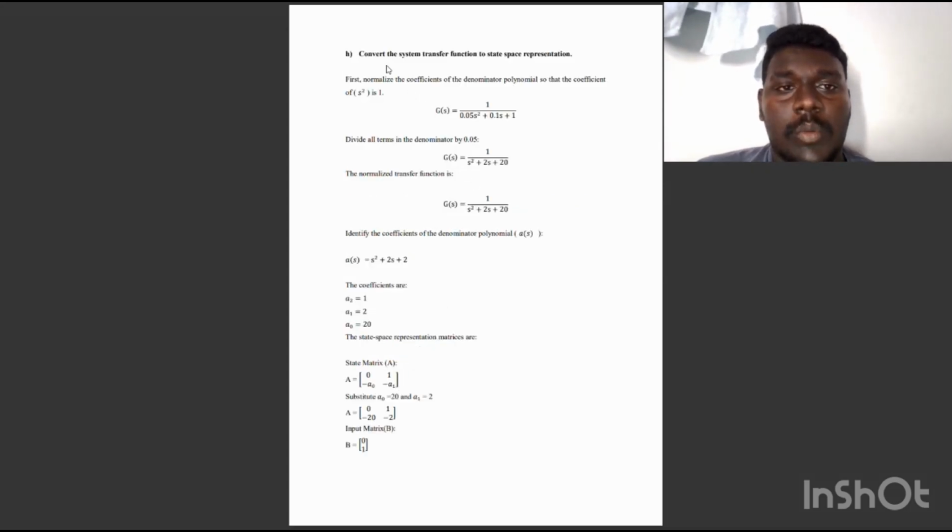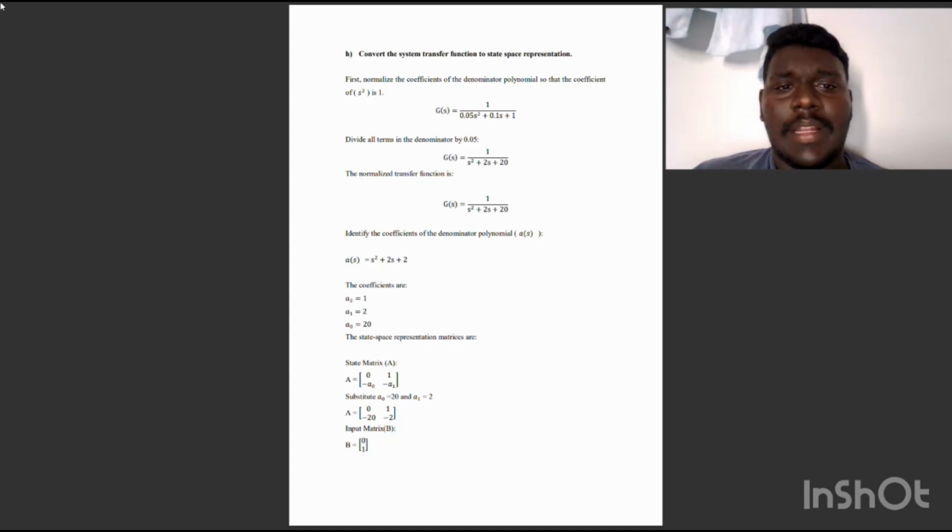Next, we move on to how to convert the system transfer function to the state space representation. First of all, we normalize the coefficients of the denominator polynomial so that the coefficient of s squared is equal to 1. Our transfer function is 1 over 0.05 s squared plus 0.1 s plus 1.